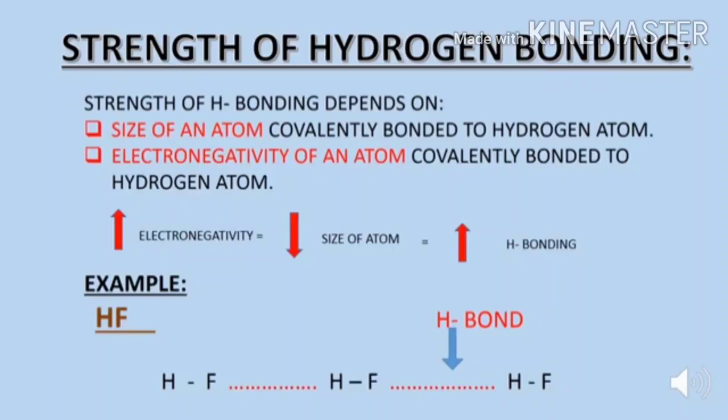It is found that in the periodic table there are basically 3 atoms that always form hydrogen bonds, that are fluorine, oxygen and nitrogen.